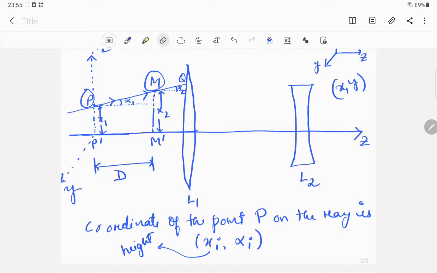We have named it like that, and alpha is nothing but the angle made by the ray at that point with the principal axis.